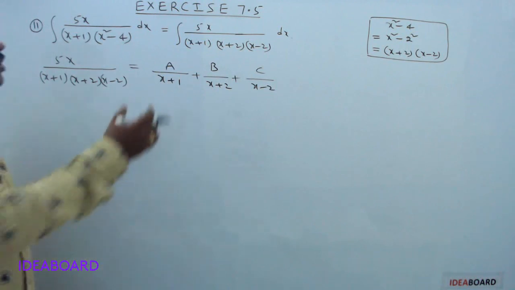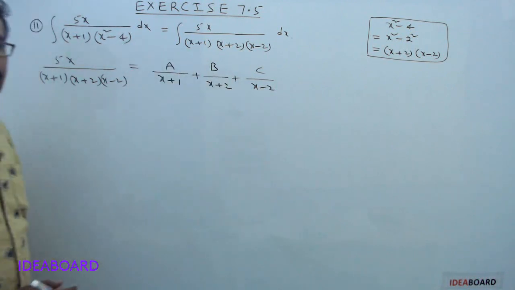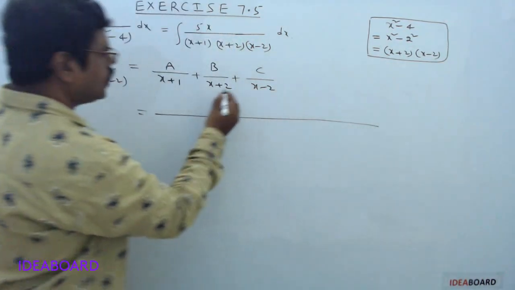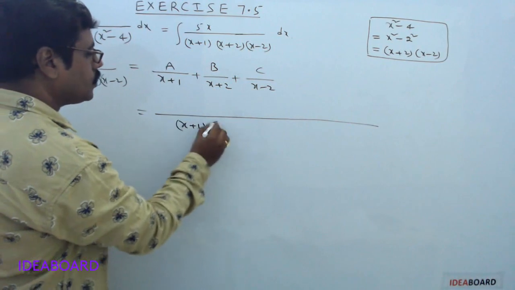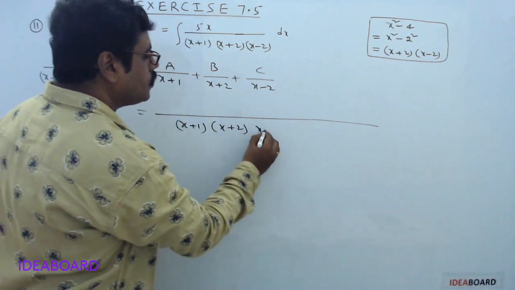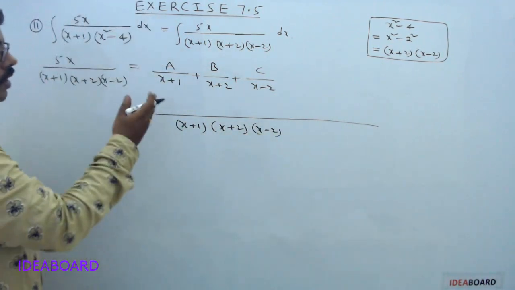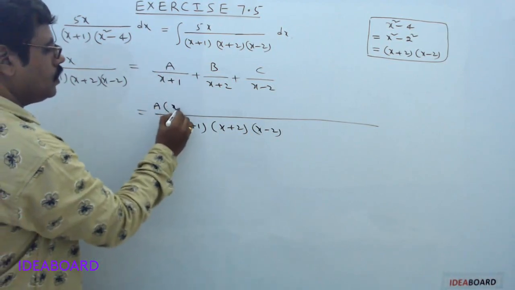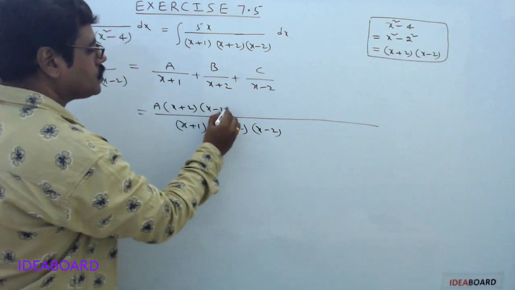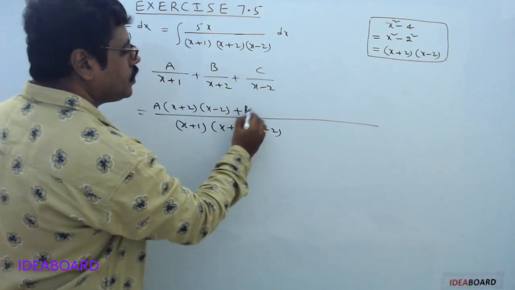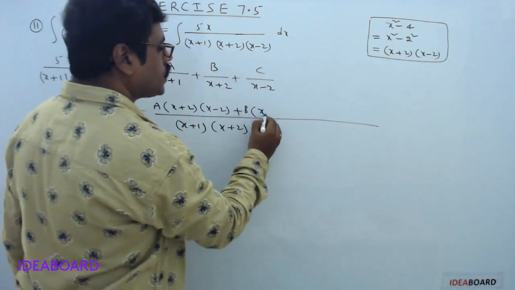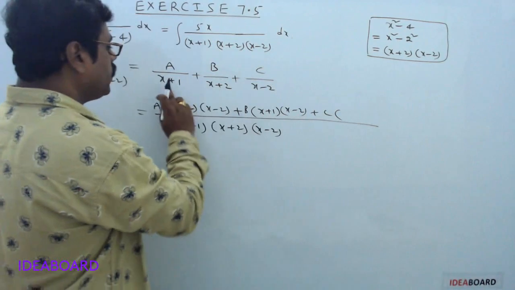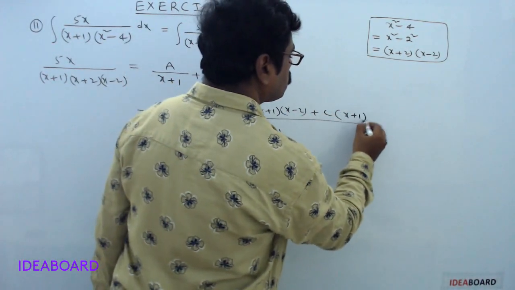Now let us find the values of a, b and c. Take the LCM. What is the LCM? (x plus 1) into (x plus 2) into (x minus 2). Write down the corresponding numerator: a into (x plus 2) into (x minus 2) plus b into (x plus 1) into (x minus 2) plus c into (x plus 1) into (x plus 2).